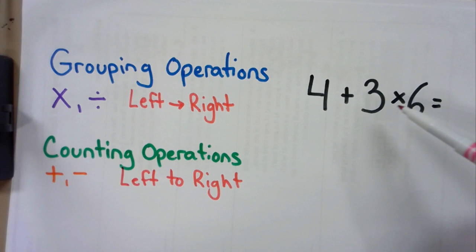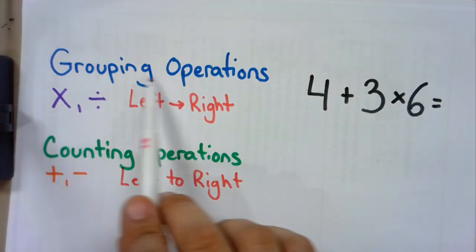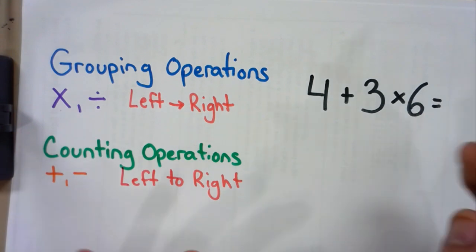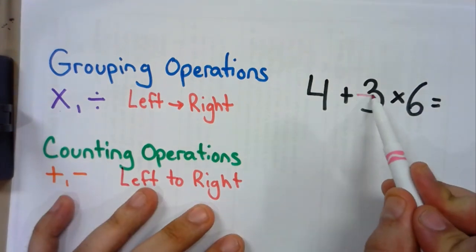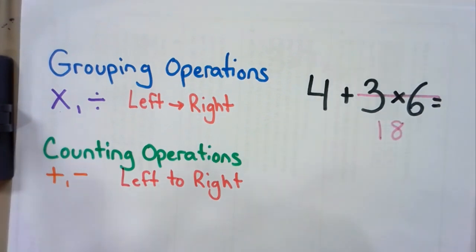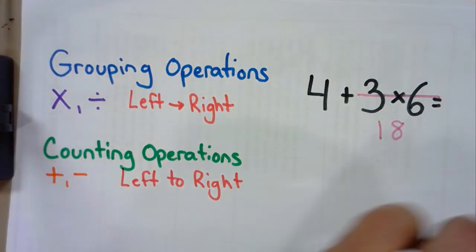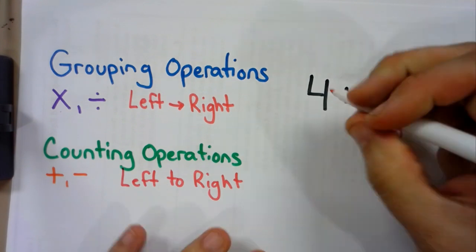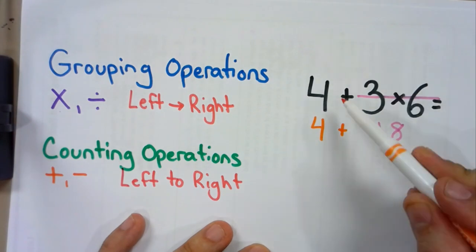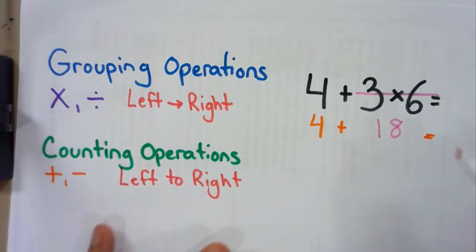So when we have 4 plus 3 times 6, well, I'm going to look here first for any grouping operations, and I see some multiplication ones here, 3 times 6. So I'm going to cross out 3 times 6, and I'm going to replace that here in the bottom with 18. So my new problem is 4 plus, because that's the same, I haven't solved that yet, 4 plus 18.